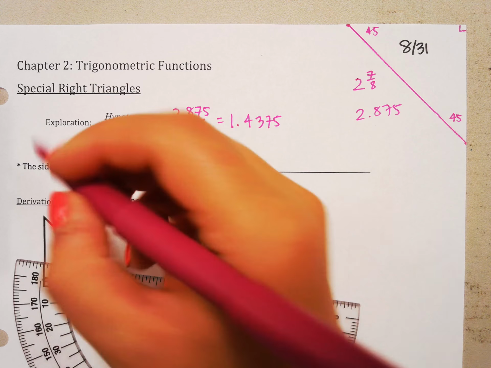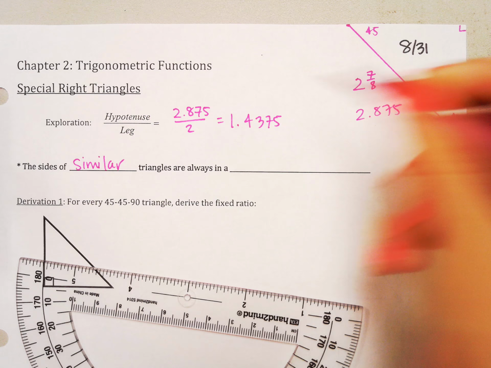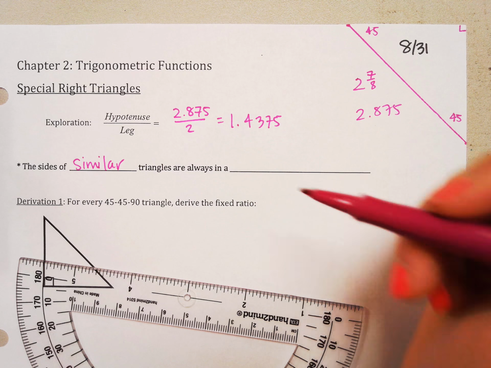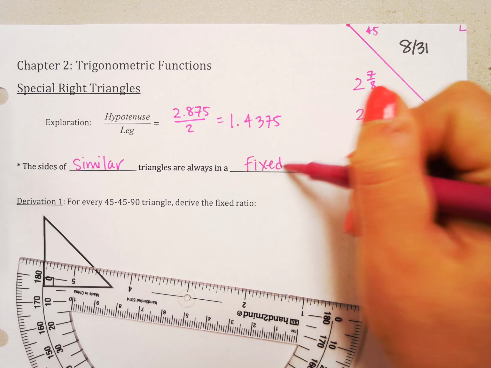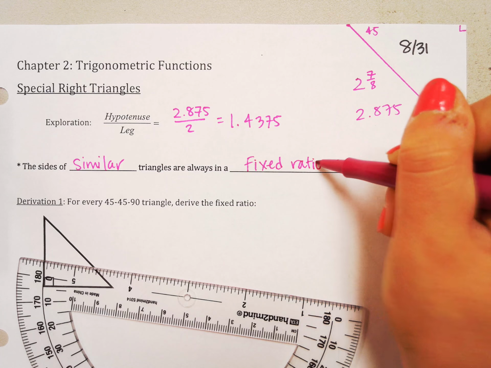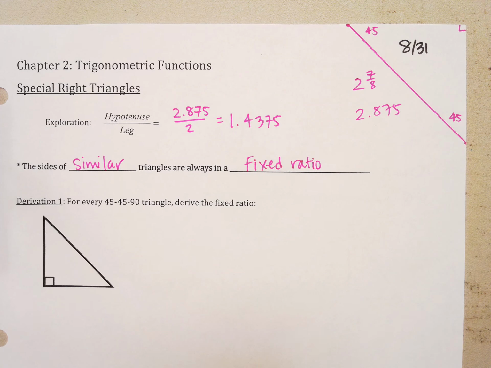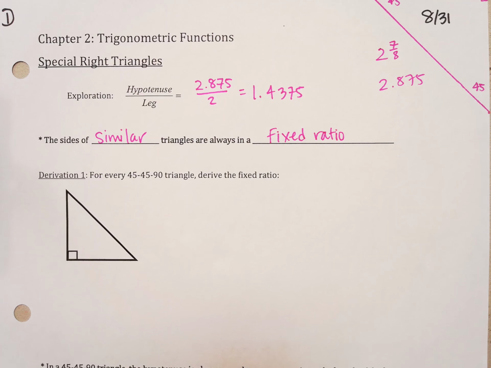No matter what kind of sides you drew, whether 3 inches or 10 inches or 1,500 inches, all these triangles are similar triangles, and they always have this fixed ratio of sides. So we're going to figure out what that fixed ratio actually is in our derivation. You might already know, but this will help guide us to that point.